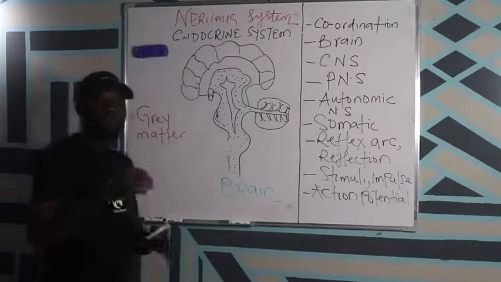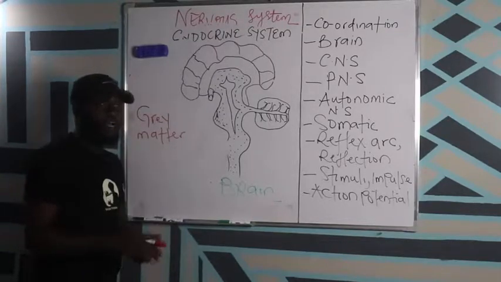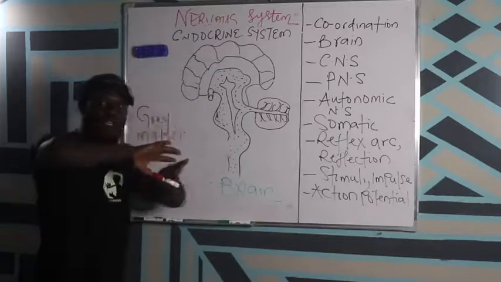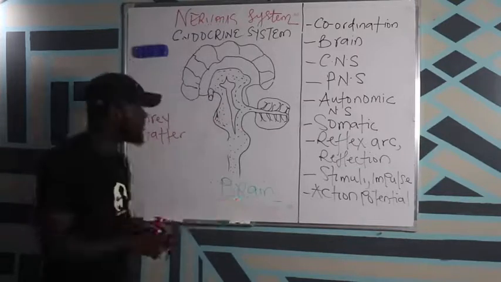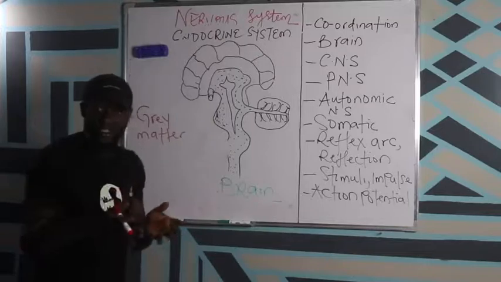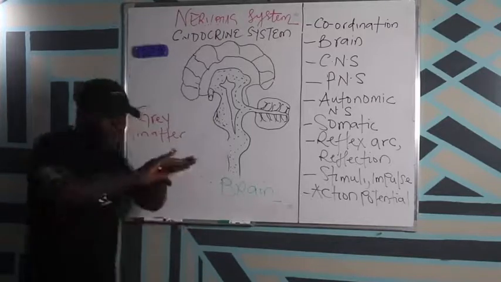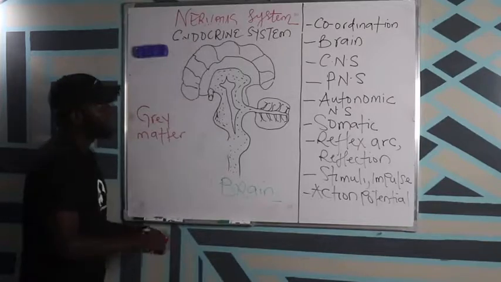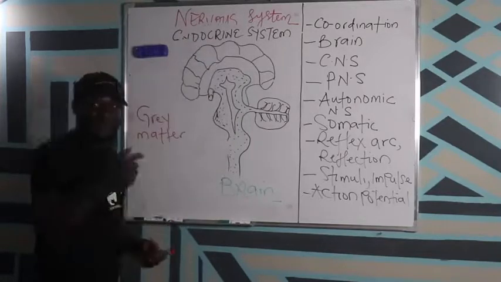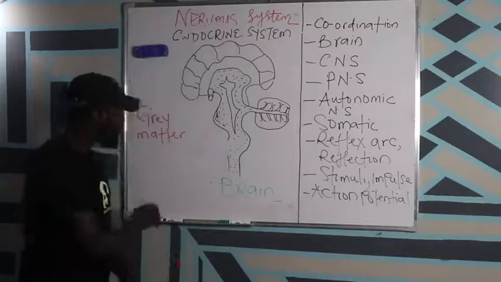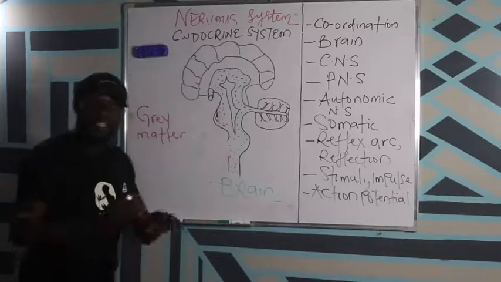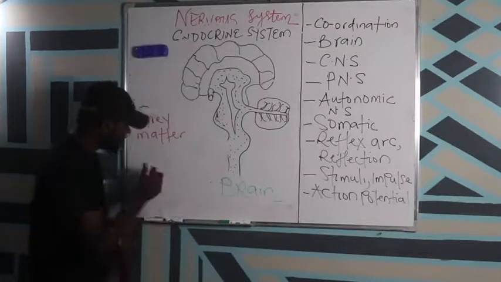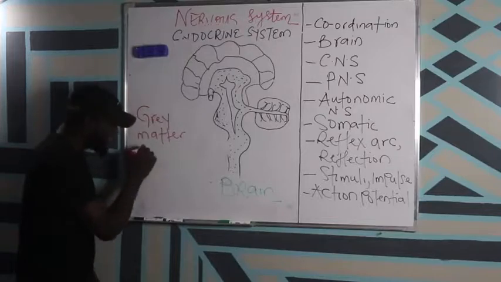If they ask you what surrounds the surface of the brain, you tell them it's the gray matter. Then the inner part of the brain is surrounded by white matter.